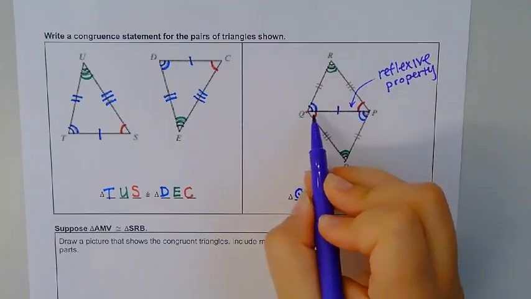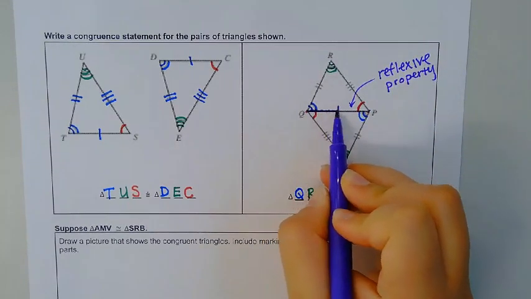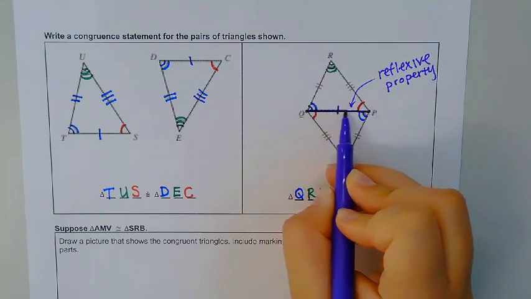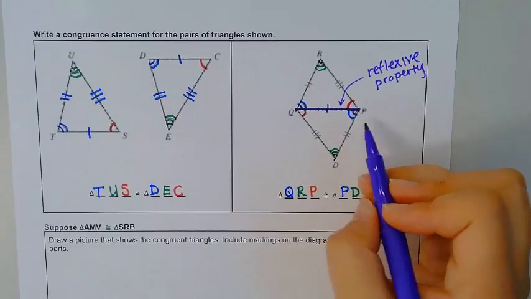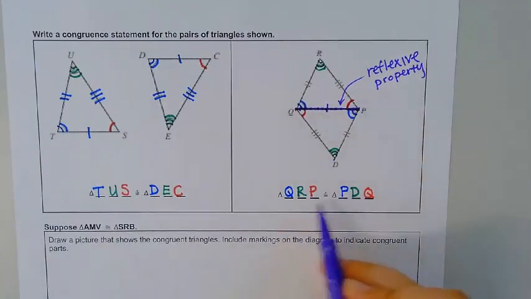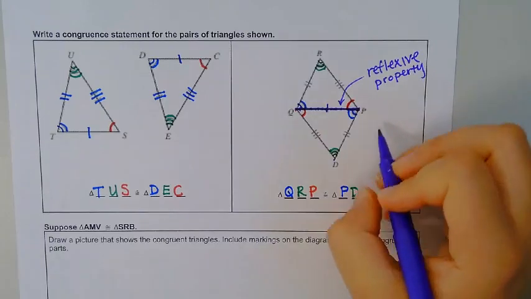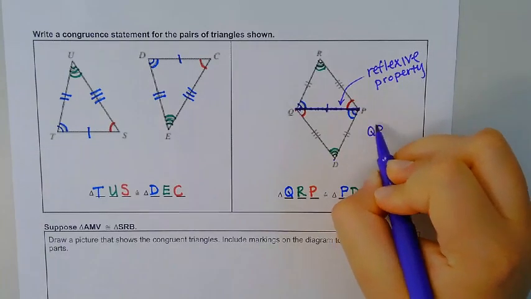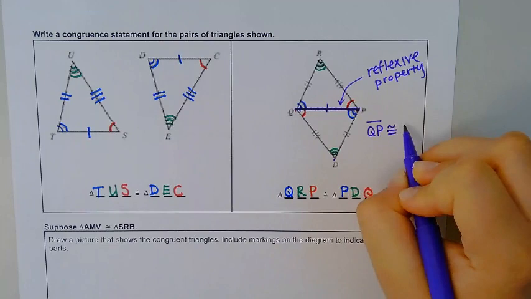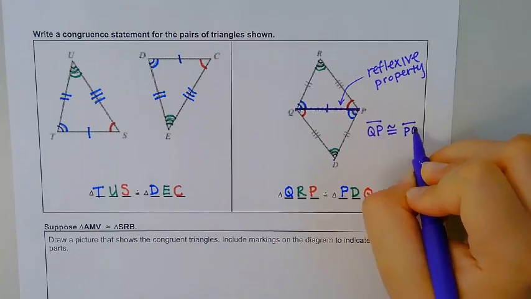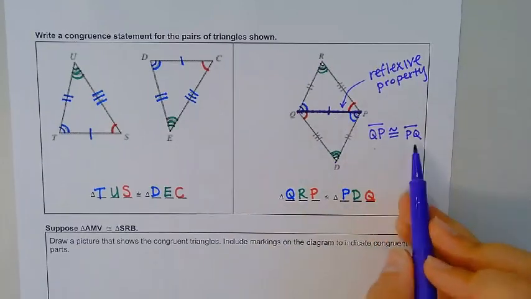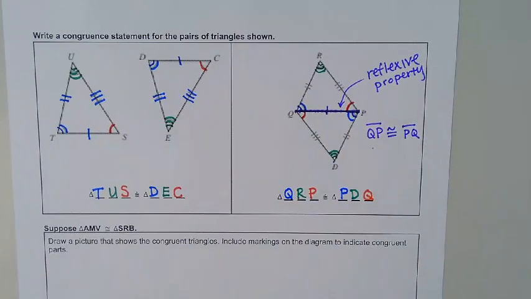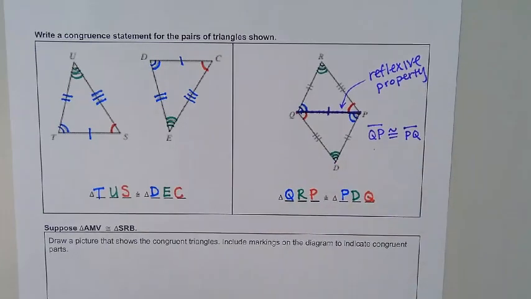And what that means is if I have a shared side here, side QP is congruent to side PQ between these triangles. So segment QP is congruent to segment PQ because they're the same side. So the same side would be the corresponding sides in those 2 triangles.